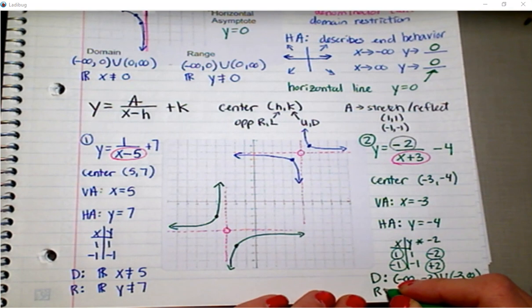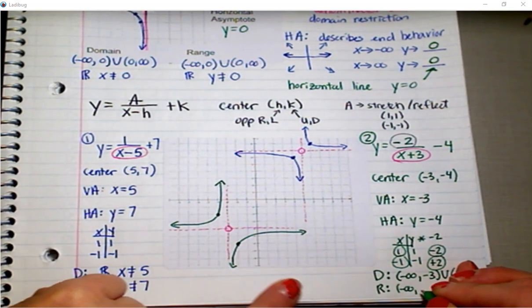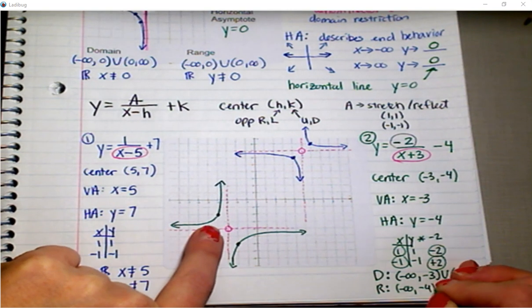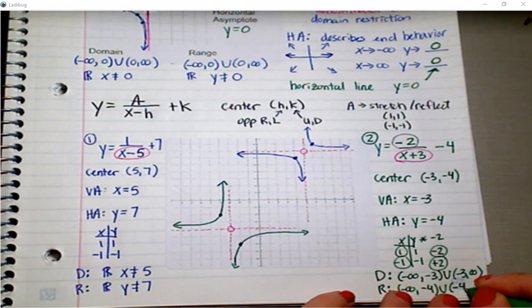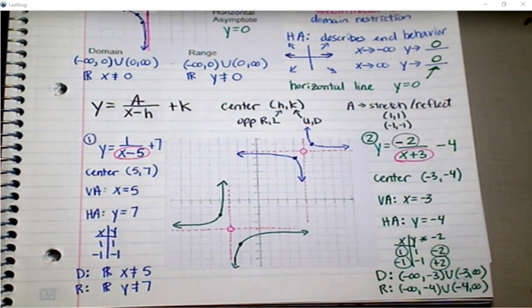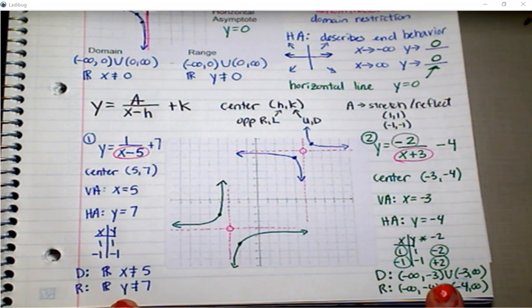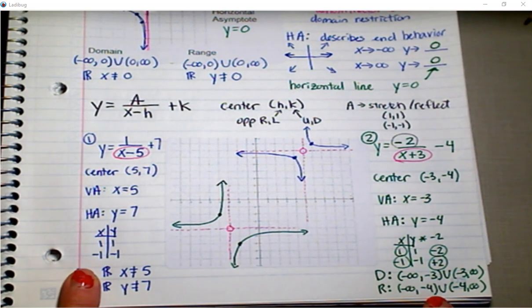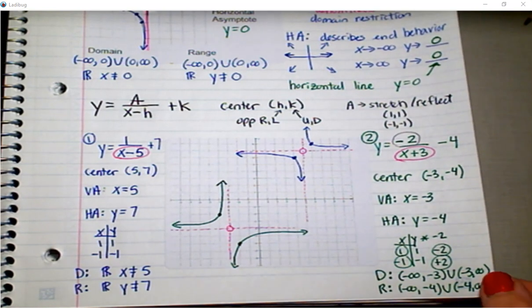And now the range goes from bottom to top: negative infinity to negative 4 union negative 4 to positive infinity. Now you can pick your format, whichever one seems more reasonable. This one usually is a little bit quicker to write, but this one also is an acceptable choice.